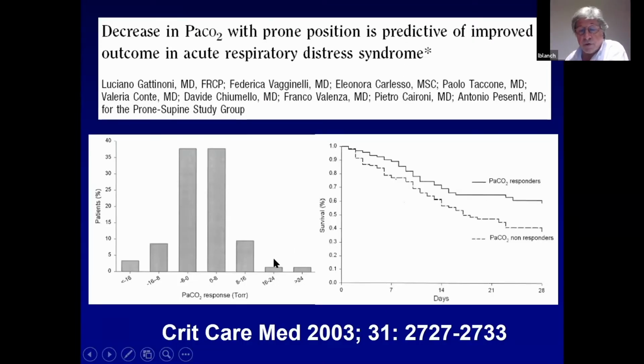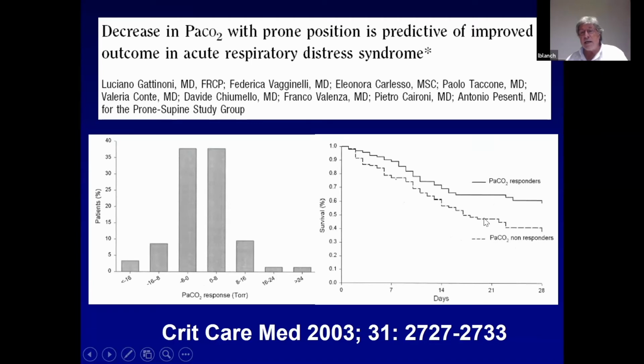This is an old paper from the Gattinoni group, when they separated the patients by CO2 responders or non-responders in prone position. You will see here the percentage of patients and the response of the PCO2. There are some patients in whom it increased, and in some patients it decreased. But in the responders, where the PaCO2 decreased after proning the patients, the survival increased, whereas survival did not improve in the non-responders.